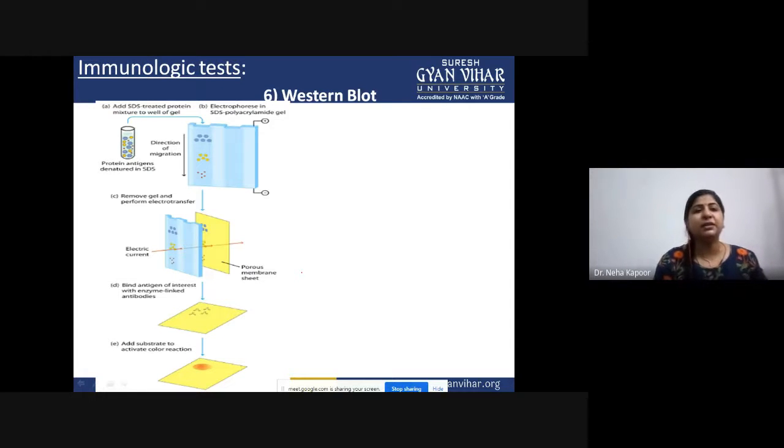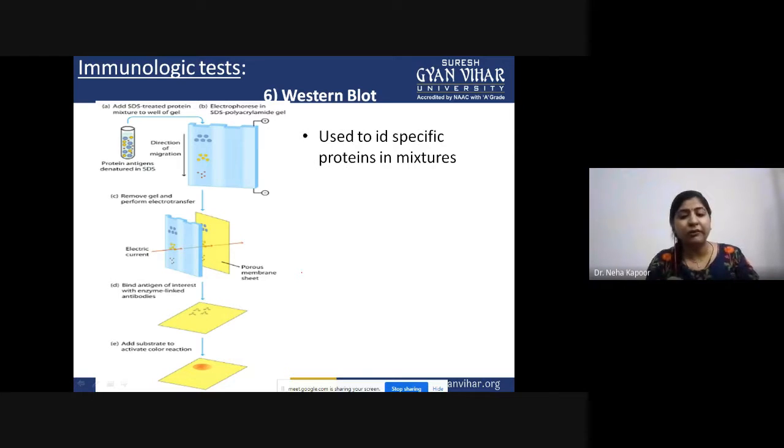Now there are certain other immunological based tests also that we routinely perform in our laboratories. One is Western blot. We normally use this technique to identify specific proteins that are present in a mixture. The first step in this technique is performance of SDS-PAGE, in which SDS treated protein mixtures are first of all loaded onto the SDS gel.